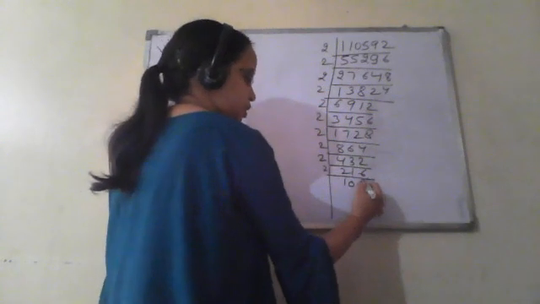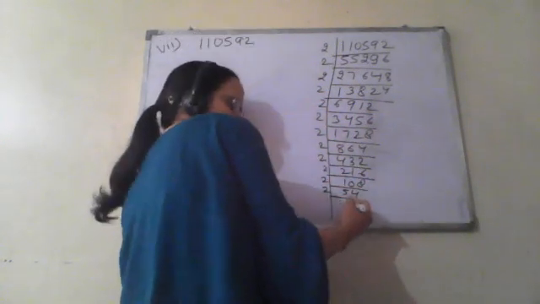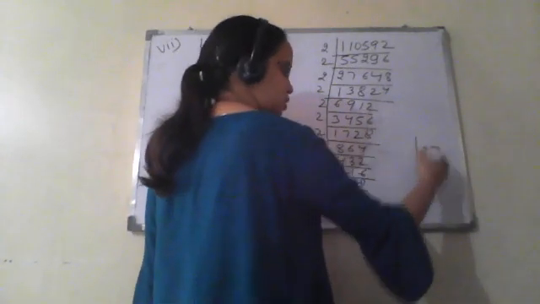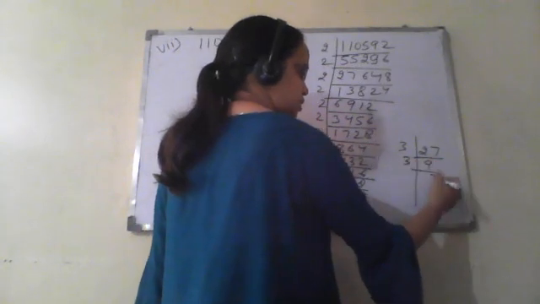This is 2, 1, 6. This is 1, 0, 8. This is 5, 4. This is 27, and this 27 I am writing here. This is 3, 9, again 3, and this is 1. So from this it will continue with this.